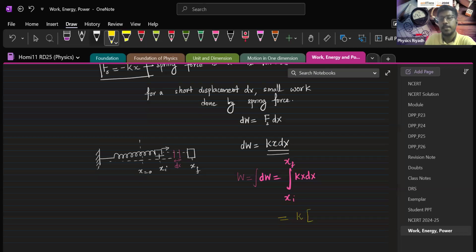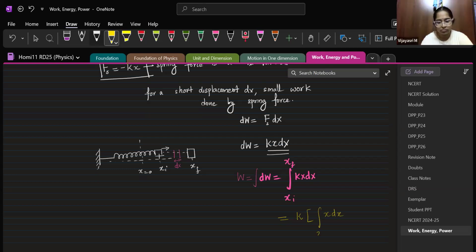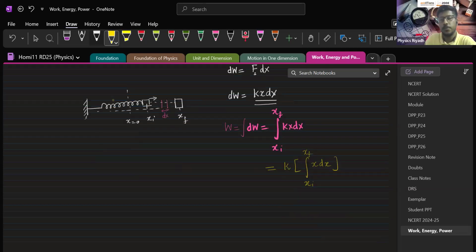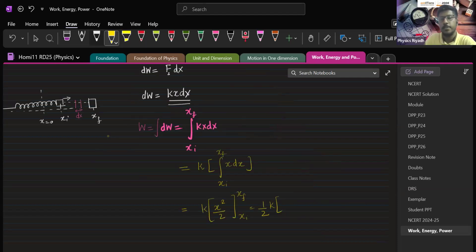What is the integral of x dx? x squared by 2. So k times x squared by 2 from xi to xf. So this is half k, half taken outside, then putting the upper limit xf squared minus xi squared. So this is how we calculate the total work done.